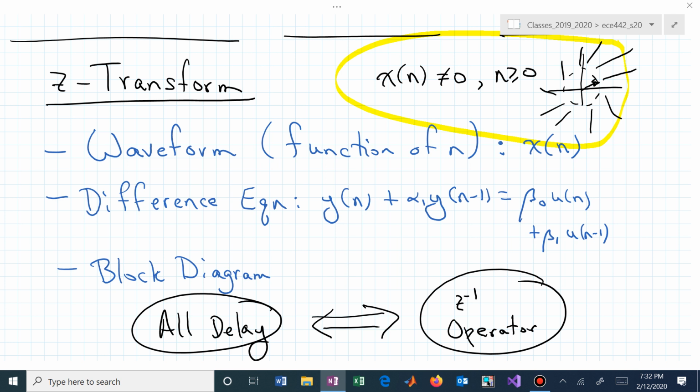What can you neglect if I'm wanting a transfer function between u and y? You don't have to worry about initial conditions. You can just replace alpha 1 y of n minus 1 with its z-domain expression, which is alpha 1 z to the minus 1 capital Y of z.